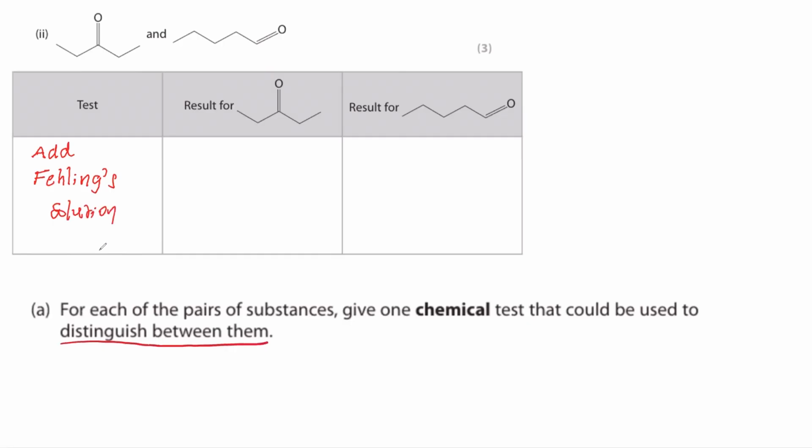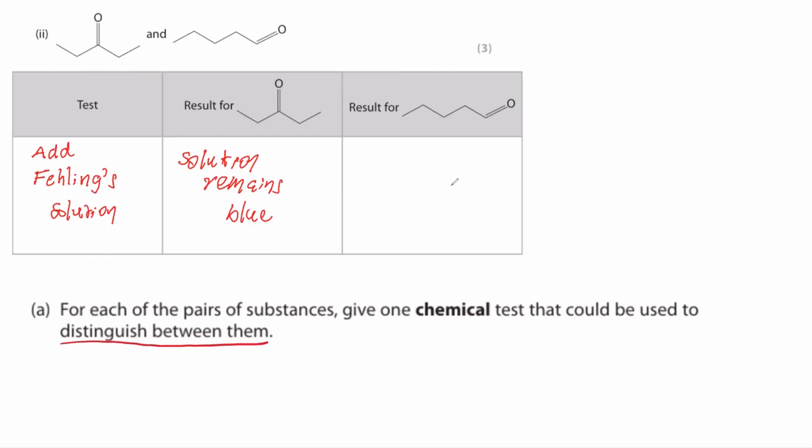Now can we recall again what happens with a ketone? We know that when you add Fehling's solution to a ketone, nothing happens. The Fehling's solution color is blue, so the blue color remains blue. So what we can see here is the solution remains blue.